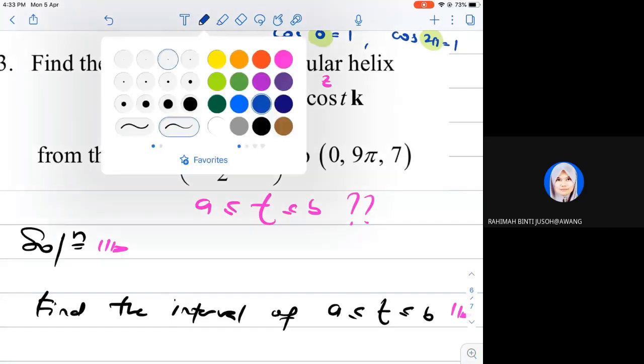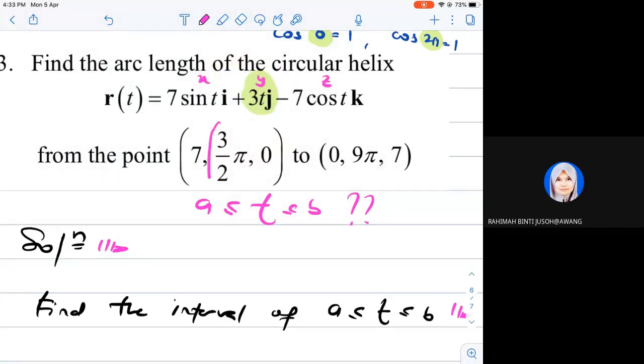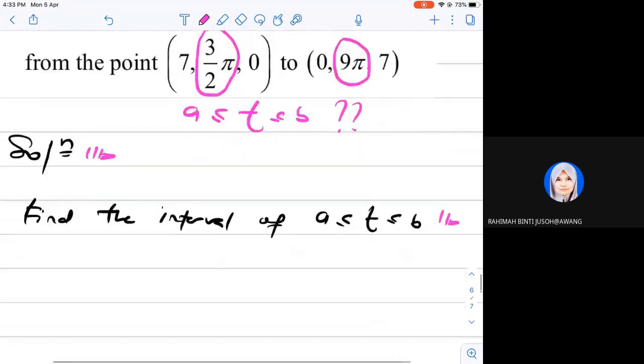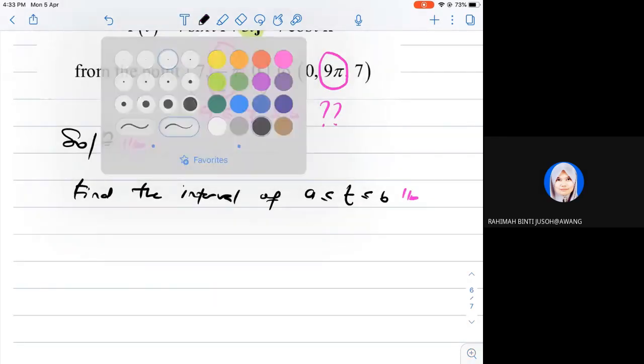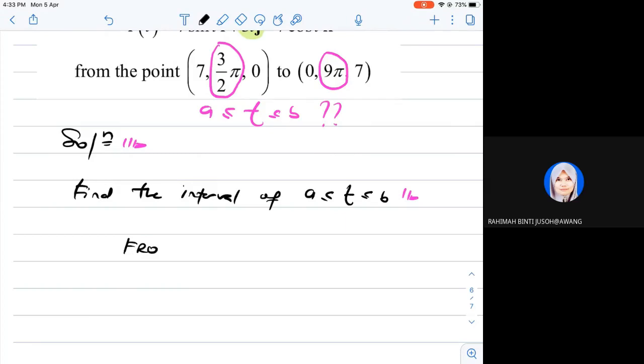Focus to the value of y coordinate kat sini dengan kat sini. Macam tu. So now, maksudnya daripada titik hingga ke titik, from to.